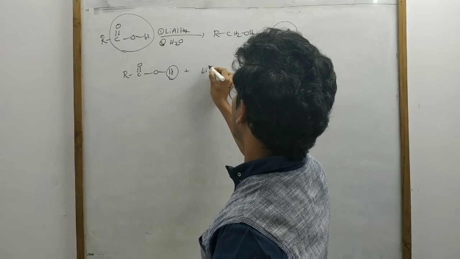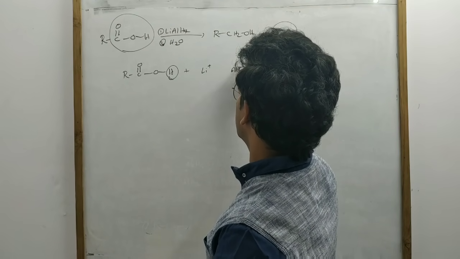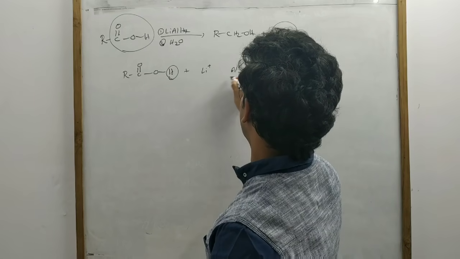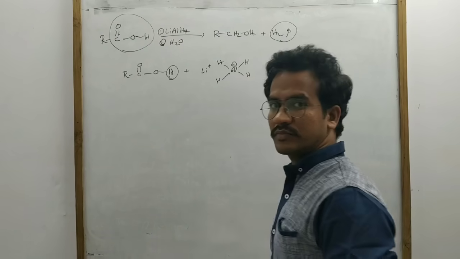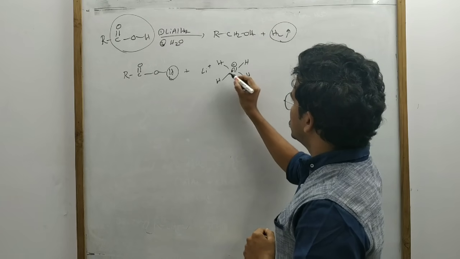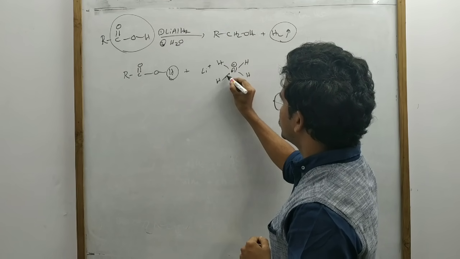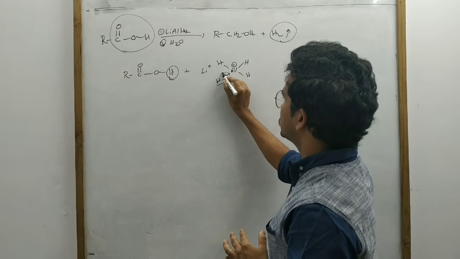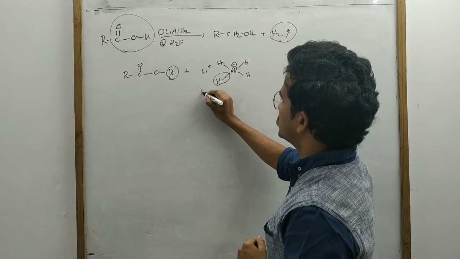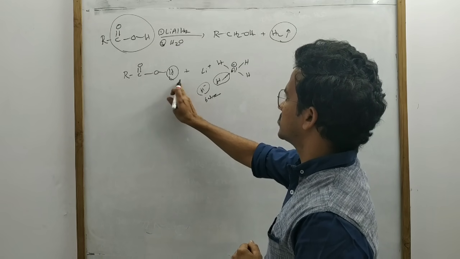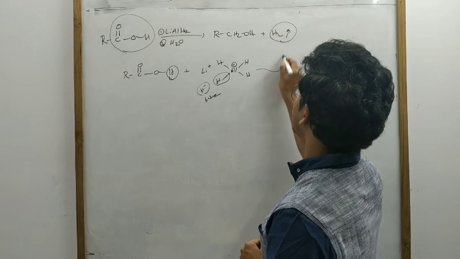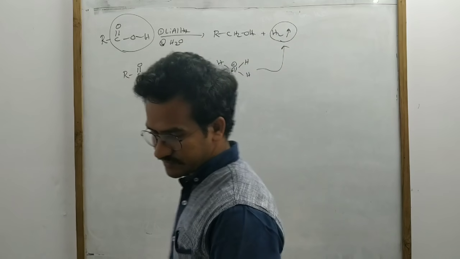Next, Li plus AlH4 minus. Here the H minus from the AlH4 minus is leaving. This H minus is basic in nature. This is the base, and here is H plus. So the combination of H plus and H minus produces H2 gas.